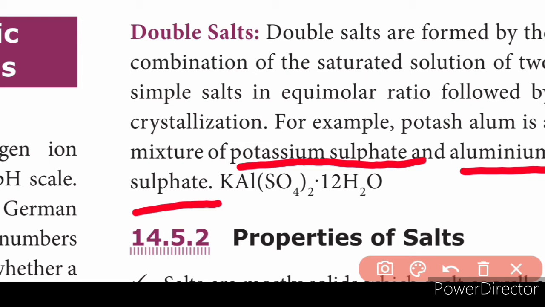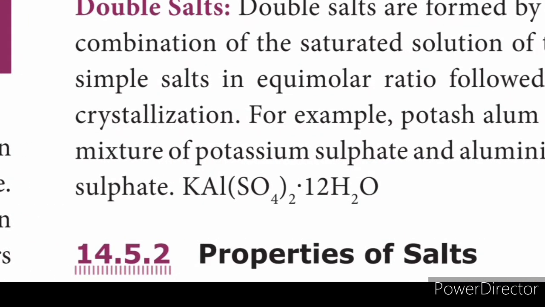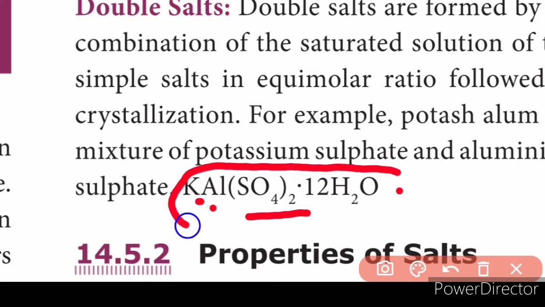So the formula for potash alum is KAl(SO4)2.12H2O. Potassium, K stands for potassium, aluminum sulfate, and 12 molecules of H2O. All together, this is the formula for potash alum.